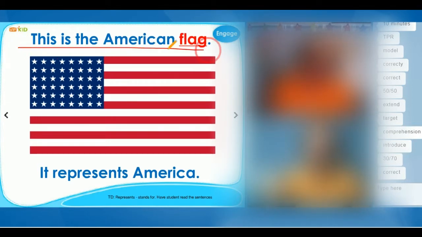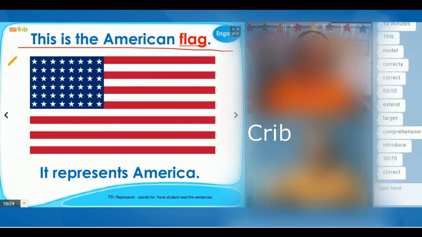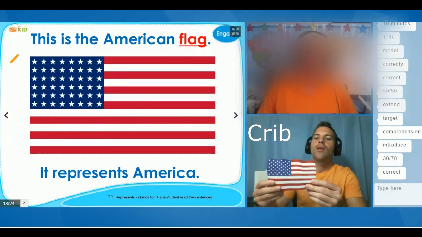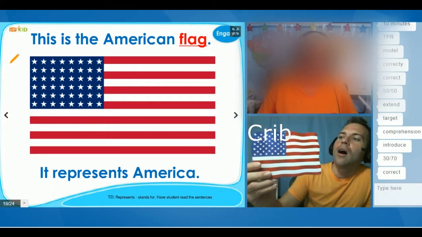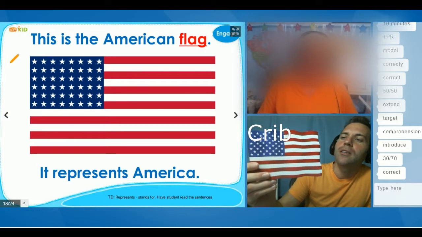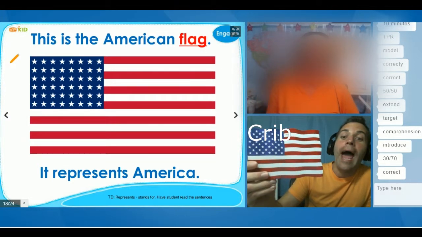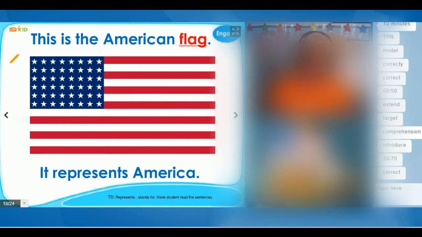Flag. Read this, please. This is the America flag. American flag. What is this? American flag.